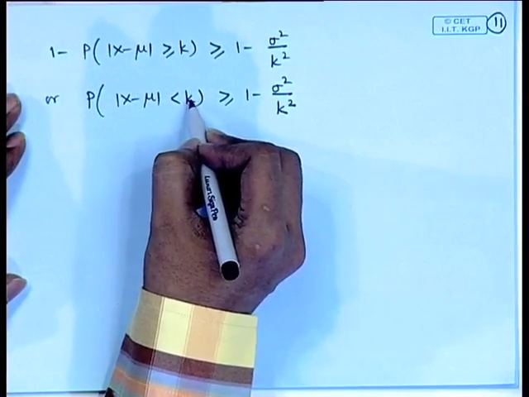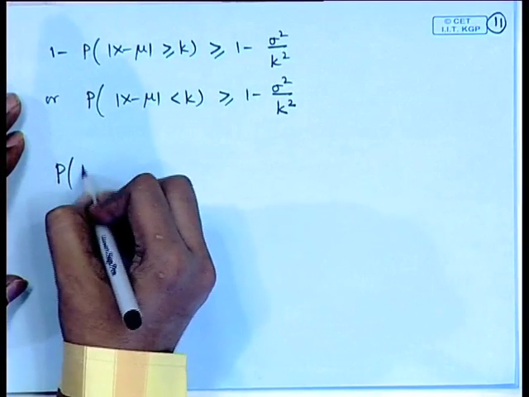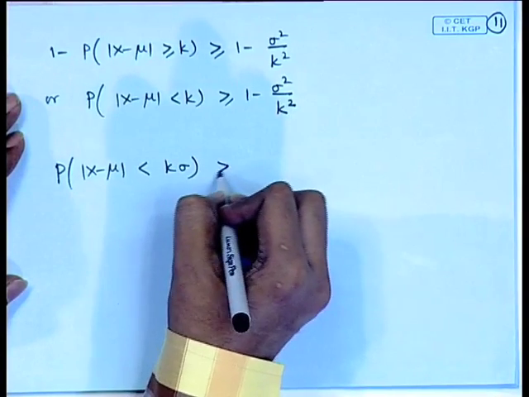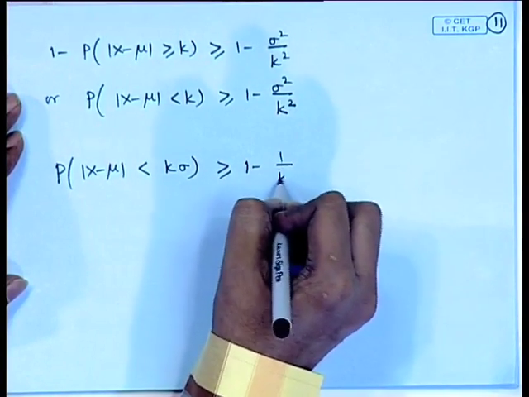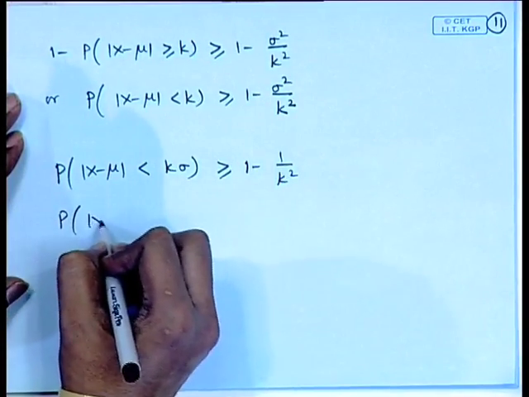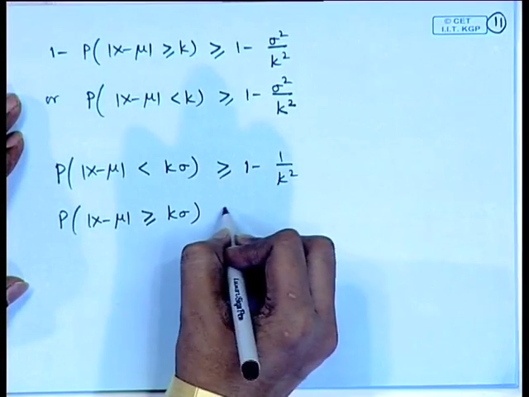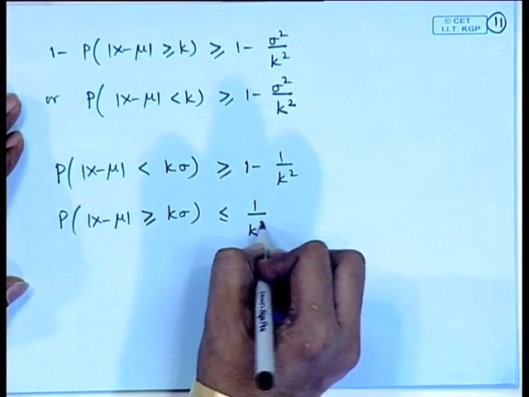Sometimes the form is written as: probability of modulus x minus mu less than k sigma is greater than or equal to 1 minus 1 by k square, or probability of modulus x minus mu greater than or equal to k sigma is less than or equal to 1 by k square.